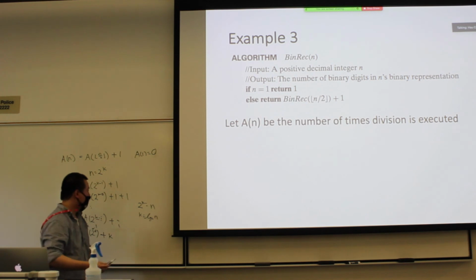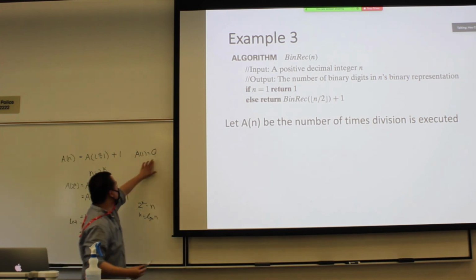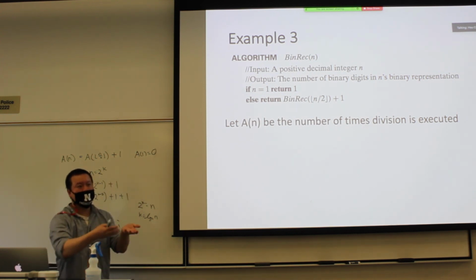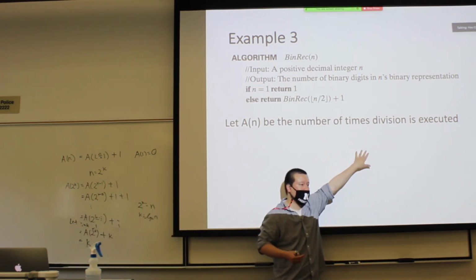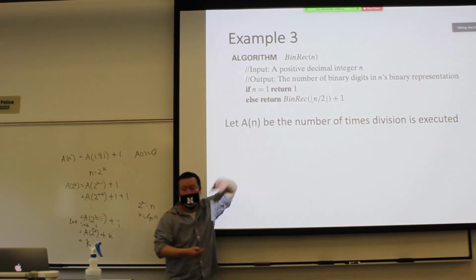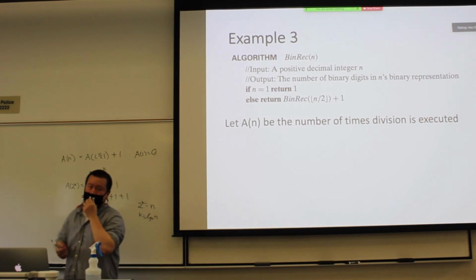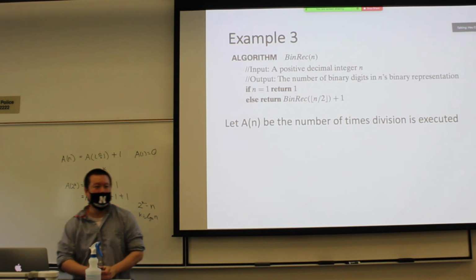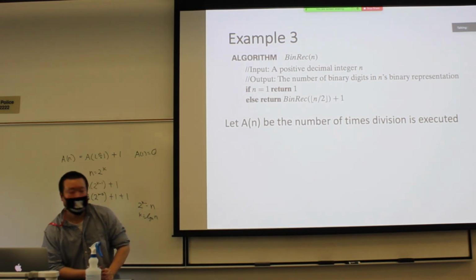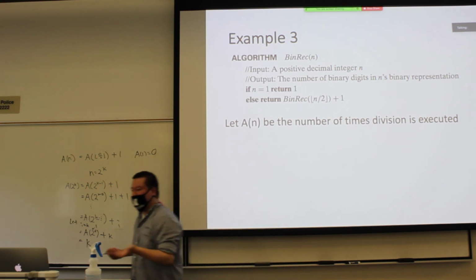Yes. On the screen it says if n equals 1, return 1, and on yours you have the base case of 0. It depends on the basic operation we're counting. The basic operation we're counting is division. When n is equal to 1, we're not doing any division. A lot of the time you have to think about what the basic operation of the algorithm is, because sometimes in the base case you don't do anything.